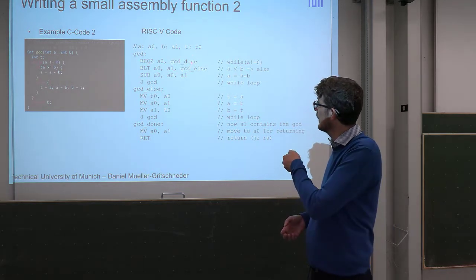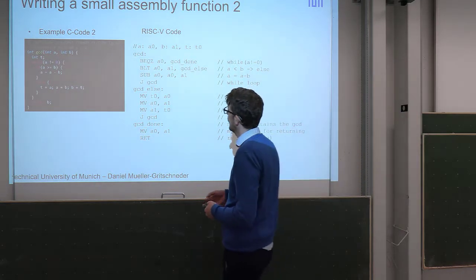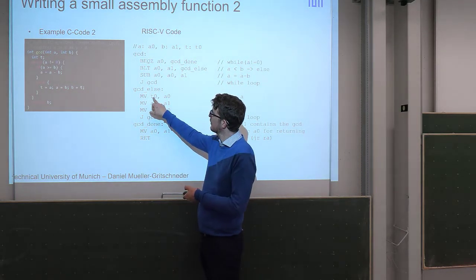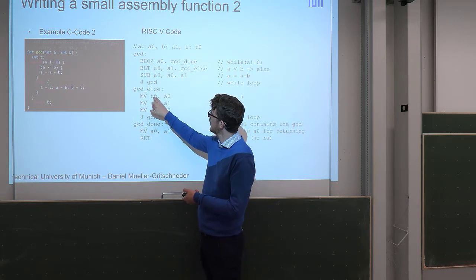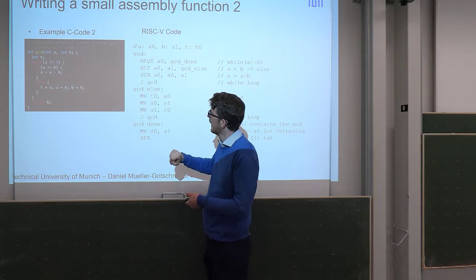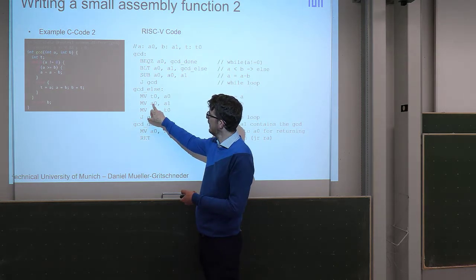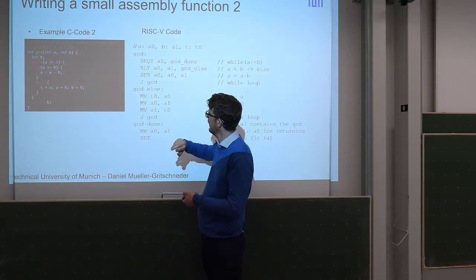So let's use the T0 register for it. So what do we have to do? We have to say T equals A, so T0 is mapped to T, and A0 is A, so we copy it over with the move instruction. This just moves the value from one register to the other register. Then B should be A, so you take the B value and move it to A. Here, this is the register A1 for B, the register A0 for A.